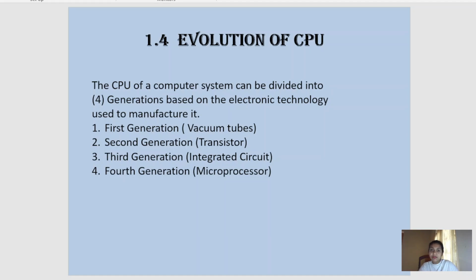We used vacuum tubes for the first generation, transistors for the second generation, integrated circuits for the third generation, and in the fourth generation we are using microprocessors. So let's move to the next slide and learn further details about those generations. First, let's learn about the first generation.